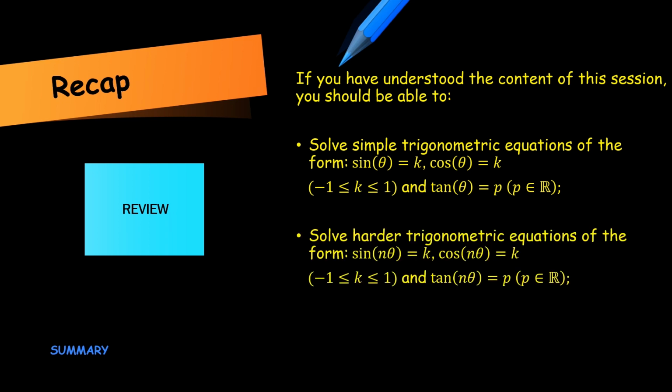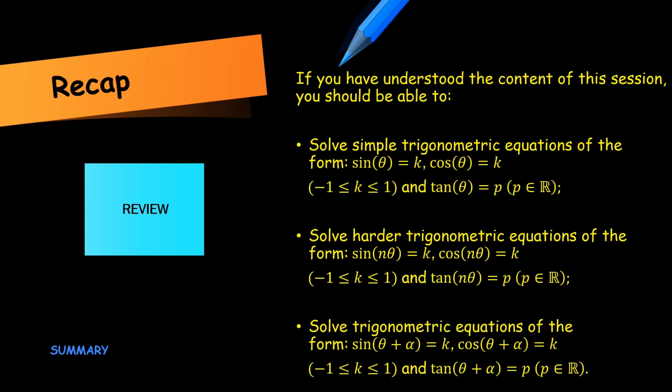You should also be able to solve harder trigonometric equations of the form sine n theta equals k, cos n theta equals k, and tan n theta equals p, as well as trigonometric equations of the form sine theta plus alpha equals k, cos theta plus alpha equals k, and tan theta plus alpha equals p.